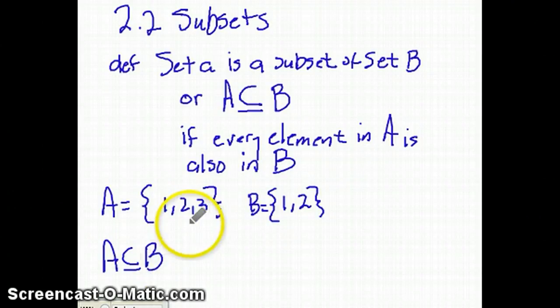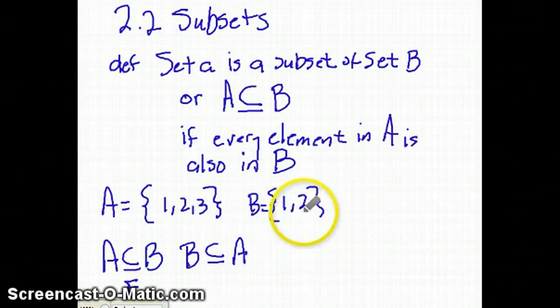Well, is every element of A in B? Well, no, because 3 is not in B, so that would be false. Okay, how about this? Is B a subset of A? I don't know. Are all the elements in B also in A? And the answer is yes. So if all of those elements are in the other set, then it's true. So in other words, is 1 in A? Yes. Is 2 in A? Yes. So therefore that's true.